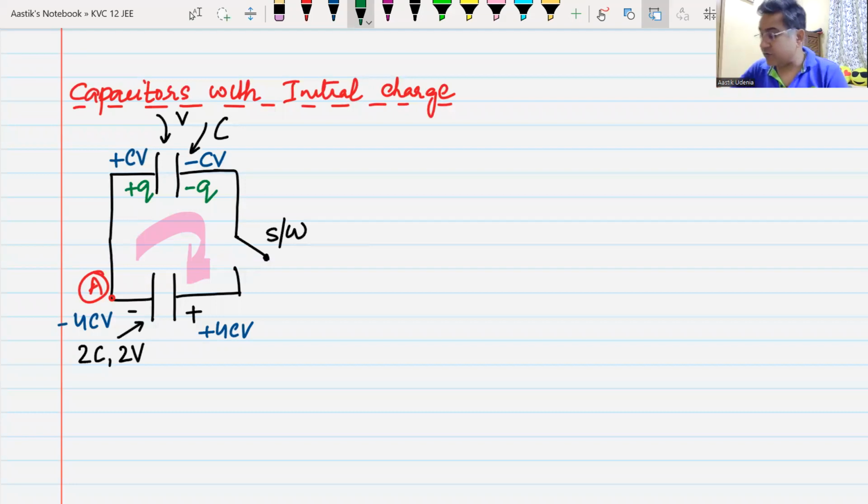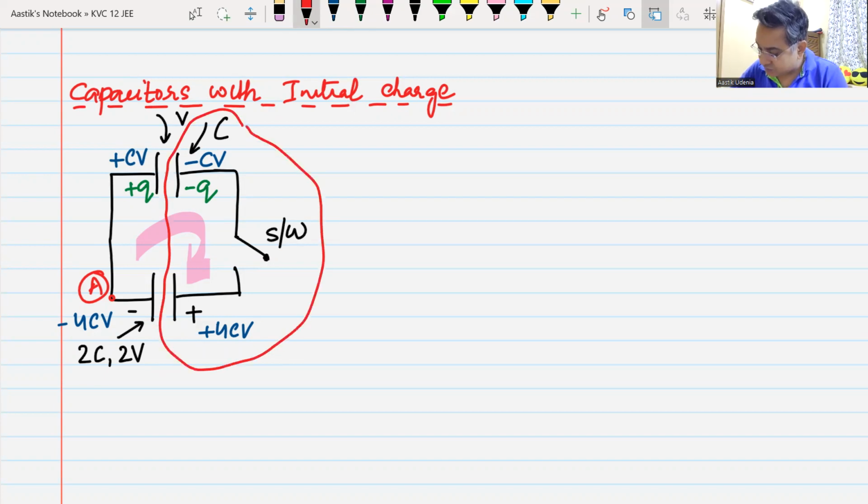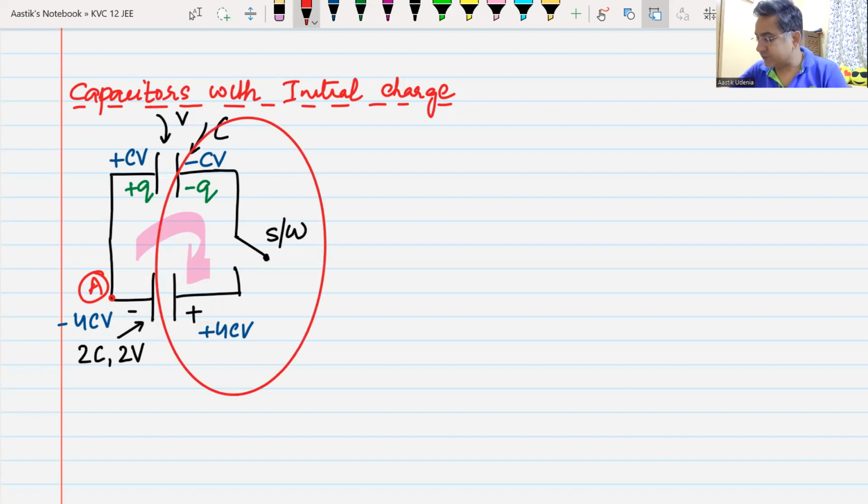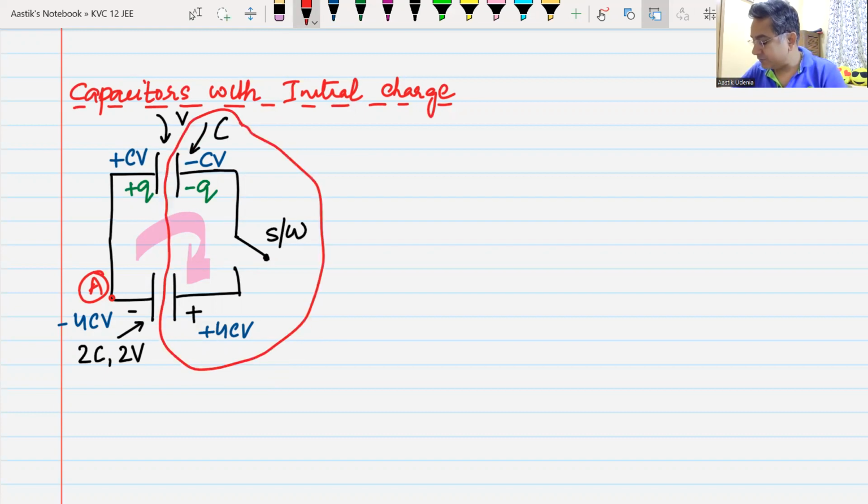Now how am I going to find out the charge of the next plate? Remember, these two plates of these two capacitors form an isolated system.